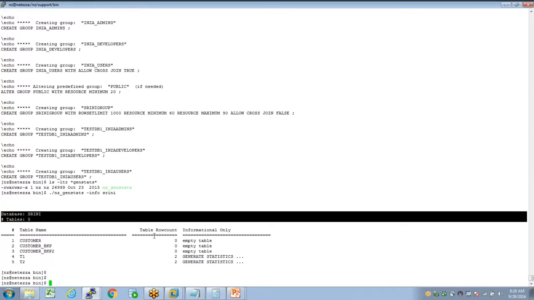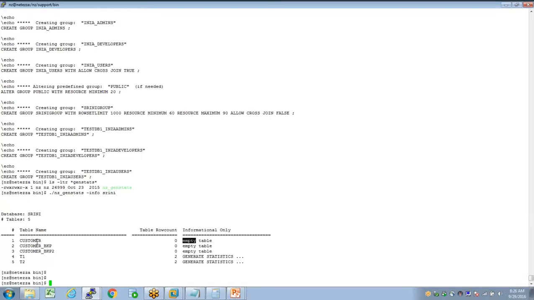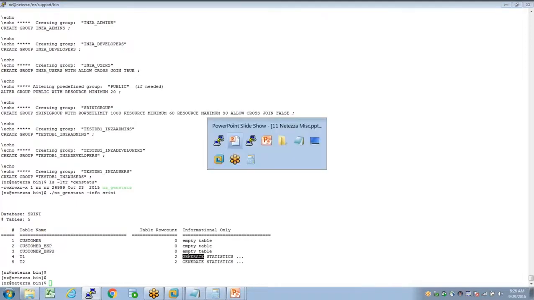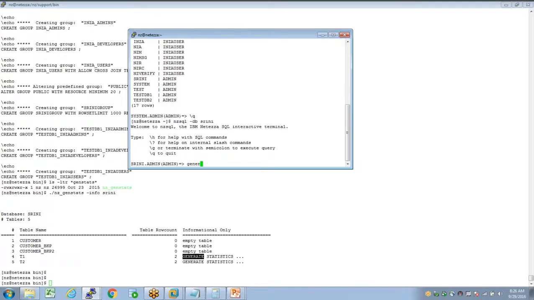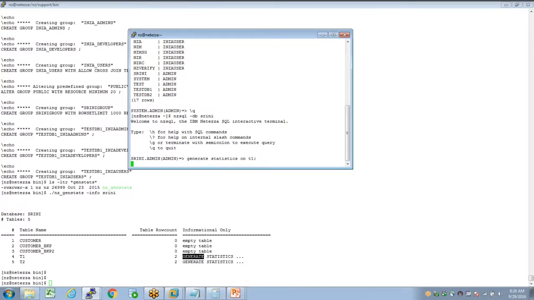Under the Srini database, this is an empty table. Generate stats on T1, that's what it is saying. So stats on the T1 table are not there, so I have to say generate statistics on T1. You get a report like this.